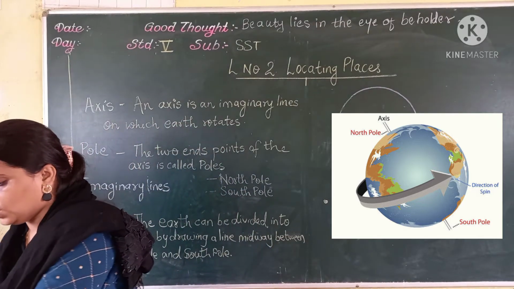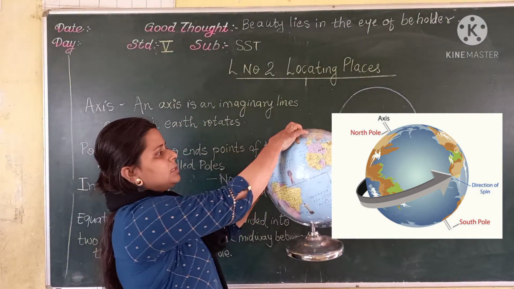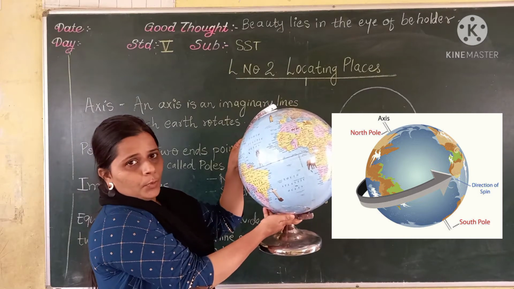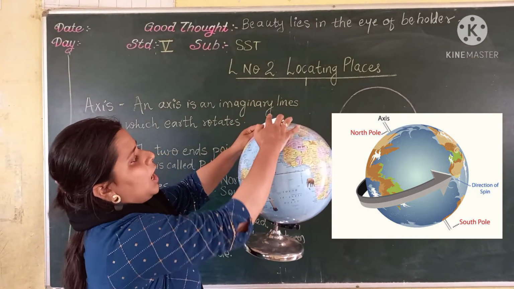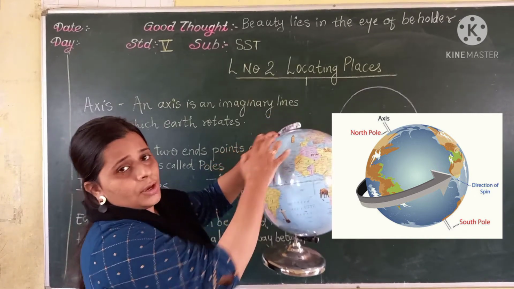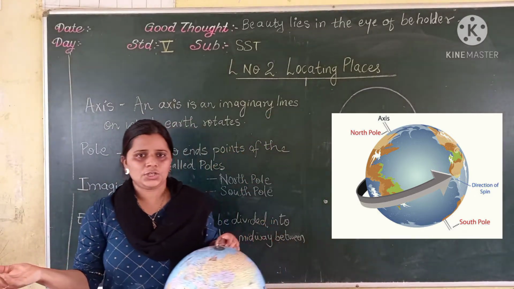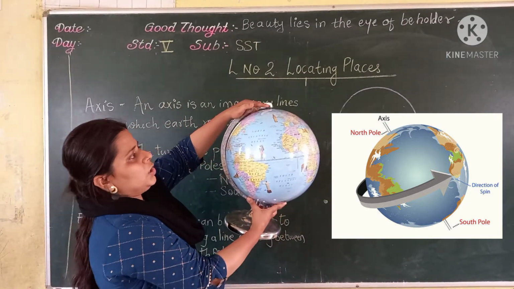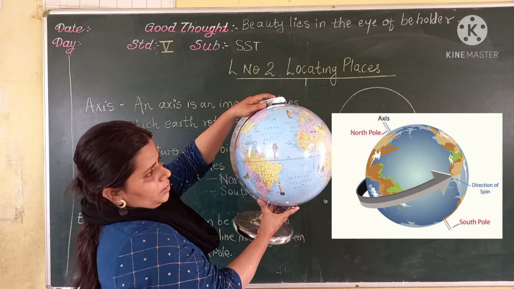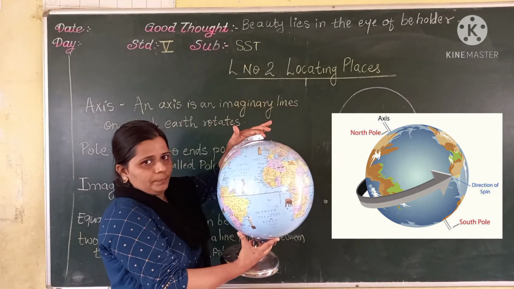Now I will show you on the globe. This is the pole. Now students, if you stand in the middle, up is north. We have studied about the directions, the 4 main directions, right? So this is the north pole and at the bottom it is the south pole.